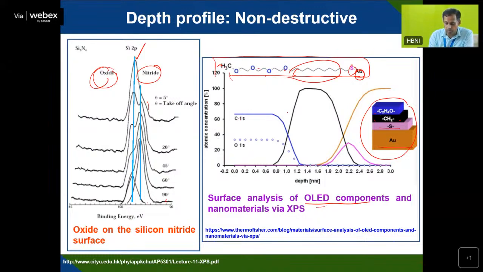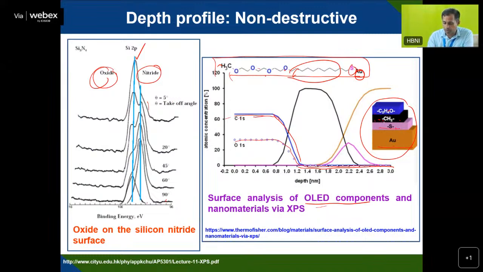If you see the carbon profiling, carbon is there at the top surface. But once you go to sulfur and silver, the carbon decreases and then goes almost to 0. Similarly, oxygen at the top surface is there, then it goes on decreasing.